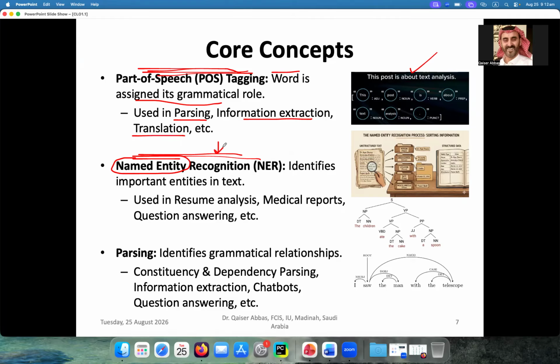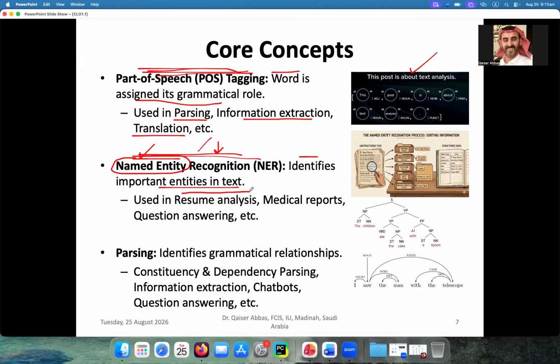If you want to identify these things from your corpus, this is called named entity recognition. So identifying important entities in text is called named entity recognition. And where are we using this approach? We are using this approach in resume analysis, CV analysis.